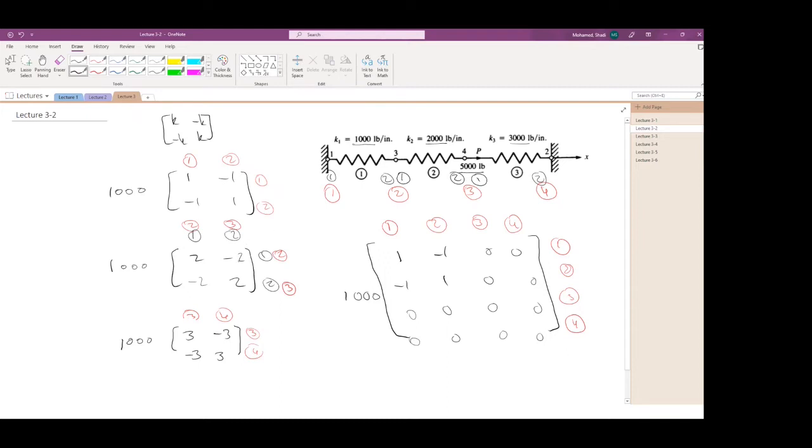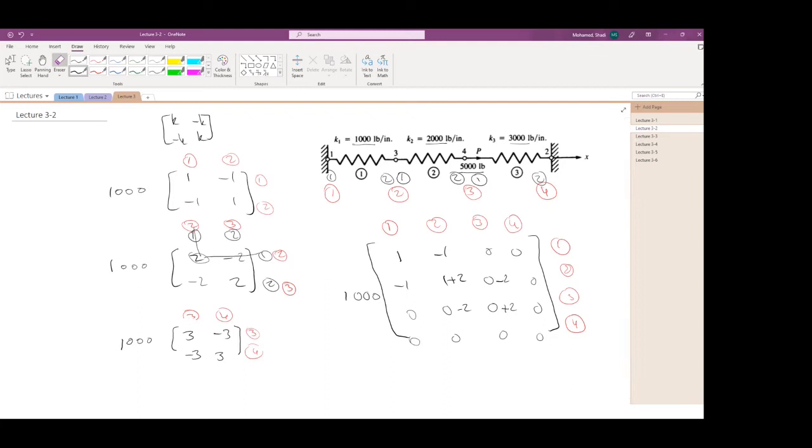I am done with the first spring. The second one is 2, 2, and I have 2 in there. So this is 2 and 2. And if you look into this one, you'll find this is the coordinates for 2 and 2. I already have 1 in there, so I will add 2 on top of that. And then I have -2, -2, and +2.